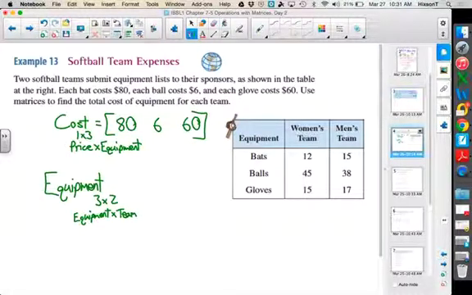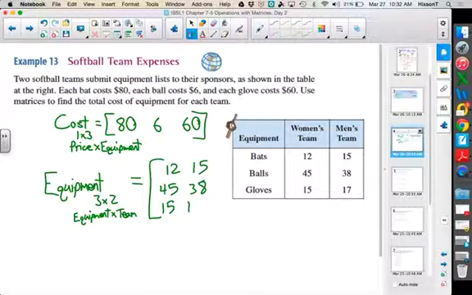The equipment by team matrix. So you see how we're relating the dimensions, or relating the rows and columns to what they represent. Now that's important because, you know, we write down this matrix here, and it's actually going to look just like the table: 12, 15, 45, 38, 15, 17.